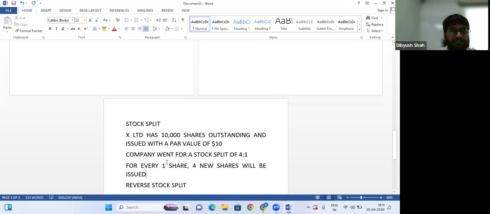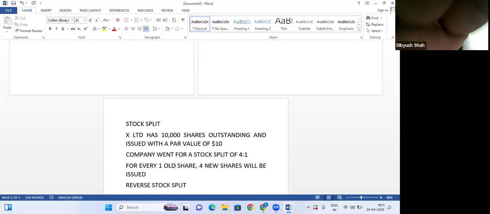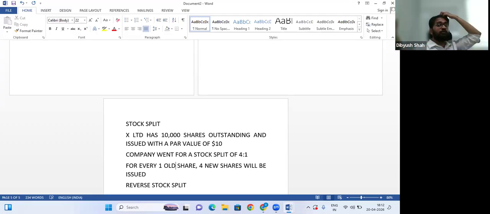For every one old share in the layman's language. That means old shares cross. You will ask the shareholder that do one thing, you submit me your one old share, and against that I will give you 4 new shares. That is why it's called stock split, because out of the same stock, it is splitting up into new stocks.